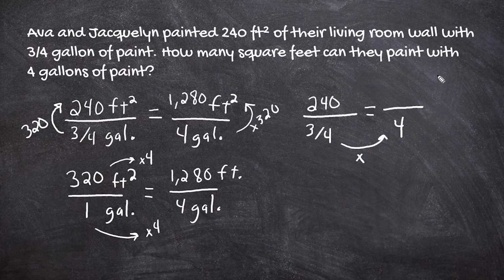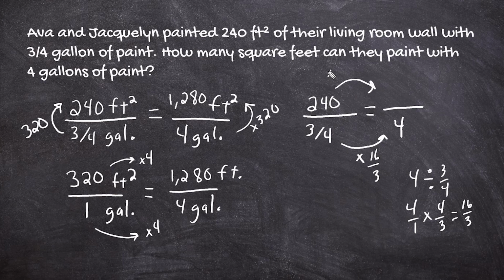So let us go ahead and take 4 and quickly divide that by 3/4, which is going to be keep, change, and flip. And that would give us 16/3. So we would say that this bottom number here got 16/3 times larger. So what we would do is take this numerator and multiply it by 16/3.